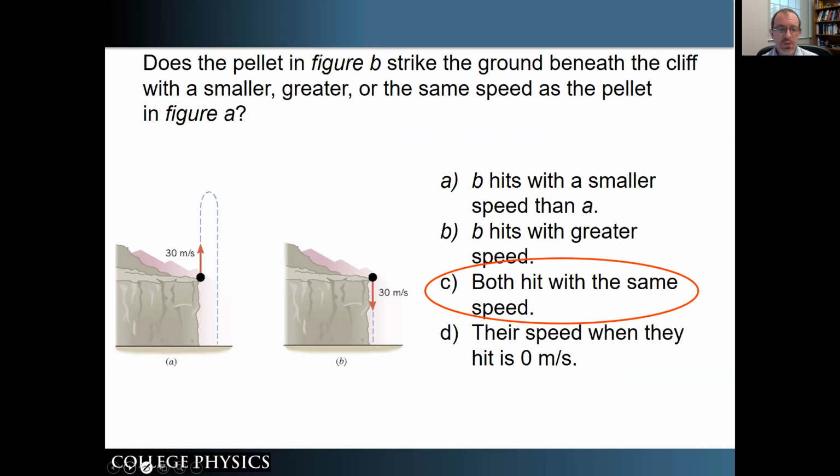And this directly relates to our bad Jimmy problem that we just worked on. It said that Jimmy threw the ball up with a speed of 22 meters per second. And we figured out that, based on that information, when it struck the ground, it was moving at 32.7 meters per second. That was the size of its velocity. The other thing we figured out, though, in part B of that problem was that when it passed back by him, it was moving downwards at a speed of 22 meters per second.